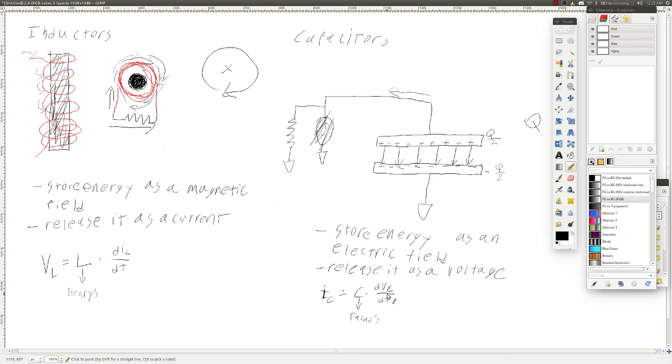So that means that the rate of change of the voltage in a capacitor times the capacitance, as we've defined it, is the current. These values are defined as such, so there's not really a good way to derive these.